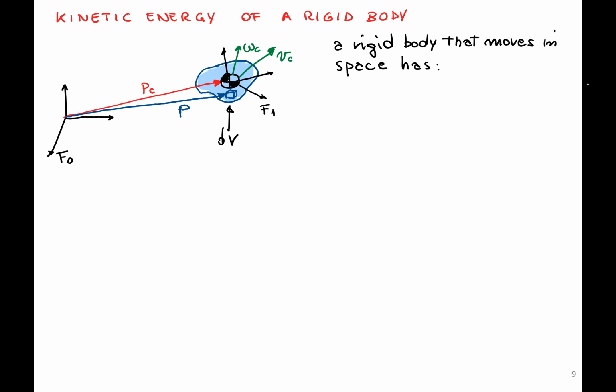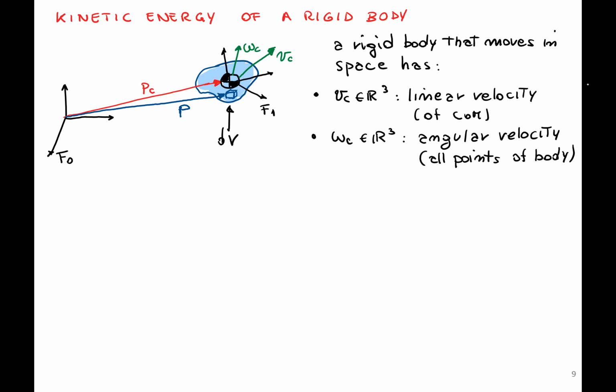The mass is the overall mass of the body, the total mass. Yeah, but what can a rigid body do? Can it only translate or can it do something else? It can rotate, okay. So linear velocity and angular velocity.